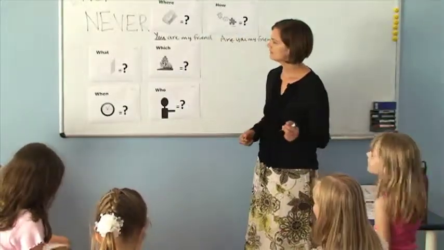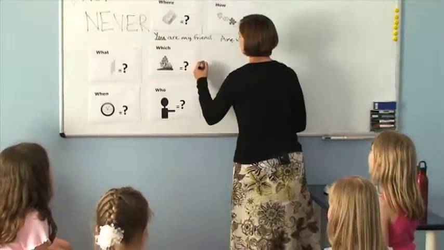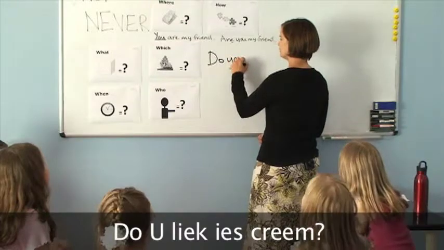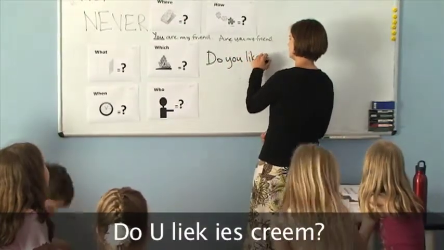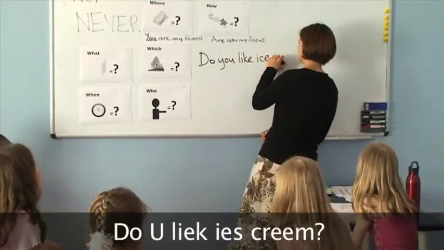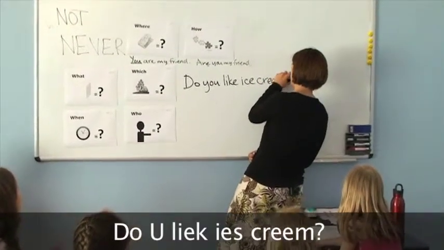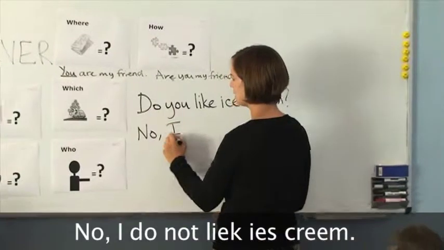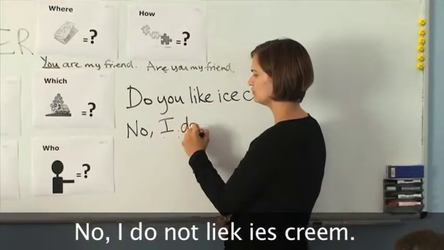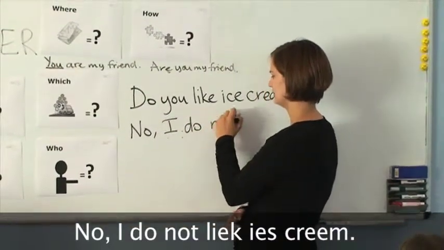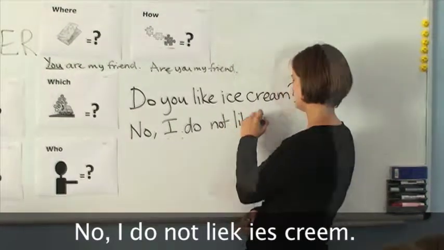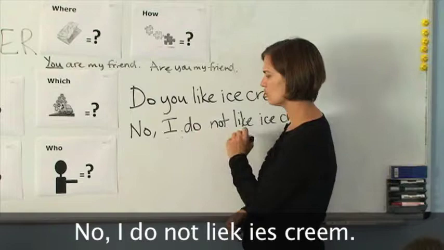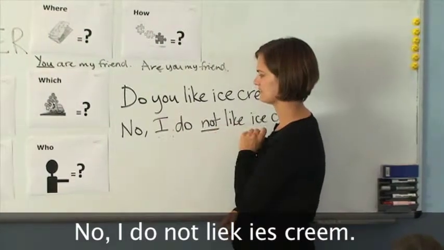Okay. I'm going to show you one thing. You just asked, "Do you like ice cream?" Okay, we say no, I do not like ice cream. So now I just want to show you where the not goes in the sentence.